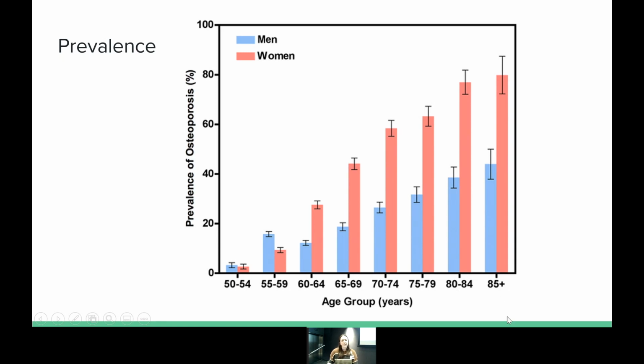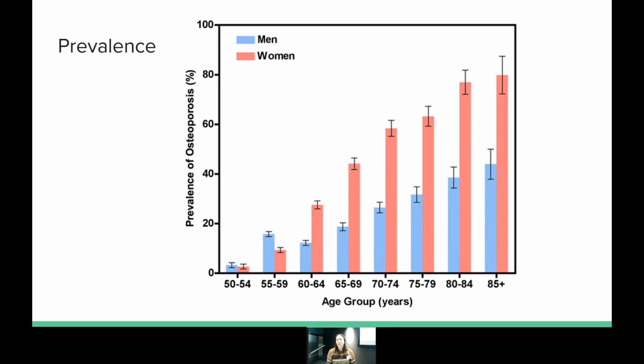And it's pretty clear to see that risk increases with age pretty dramatically after the age of 50. And also it's pretty clear through this chart that the risk for women is greater than the risk for men. However, it is not a female-only disease. This affects males also.